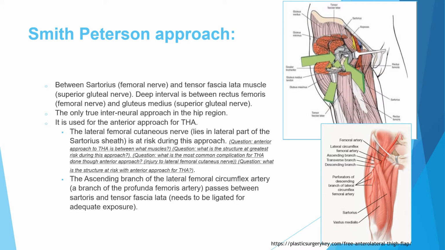So the anterior approach is the only true internervous plane. As we're going to see with the three other approaches, they are not true internervous planes. The anterior or the Smith-Petersen is truly internervous between the sartorius, supplied by the femoral, and the tensor fascia lata supplied by the superior gluteal nerve.